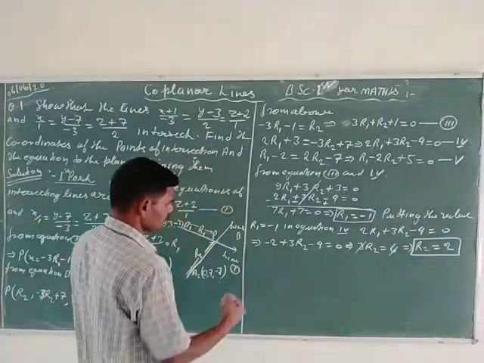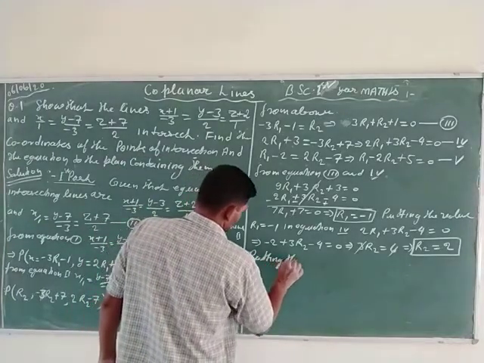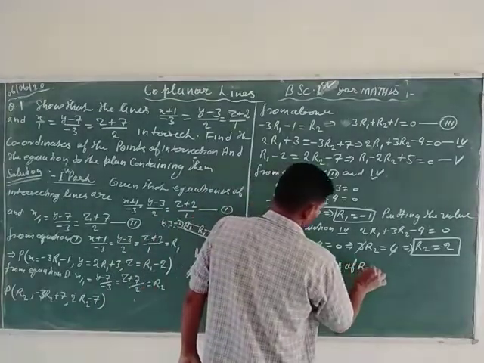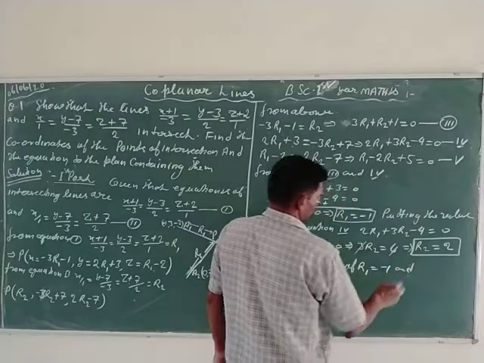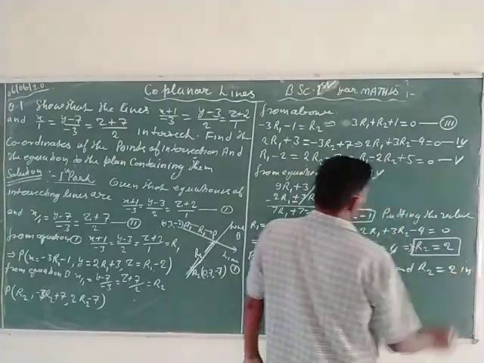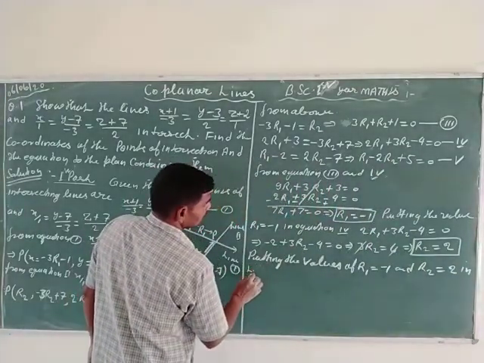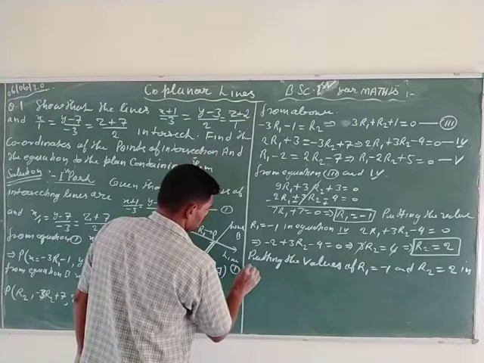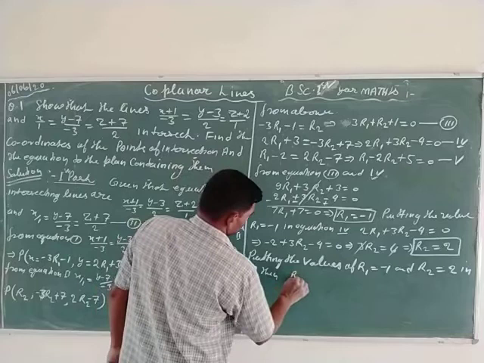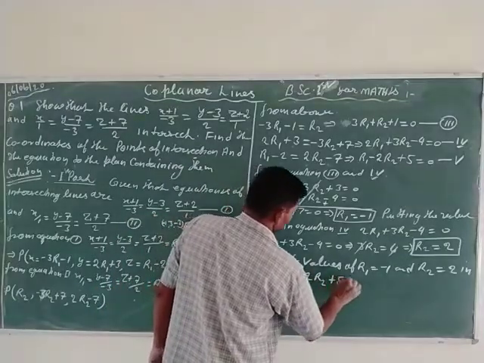For this, putting R1 is equal to minus 1 and R2 is equal to plus 2 in the LHS of equation 5th: R1 minus 2R2 plus 5 is equal to 0.